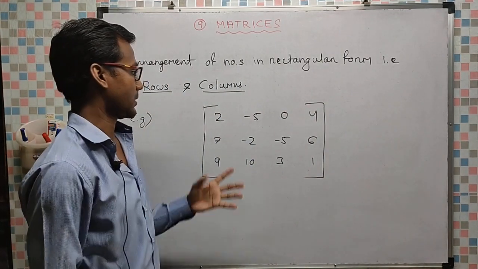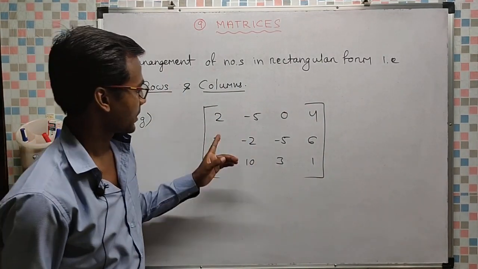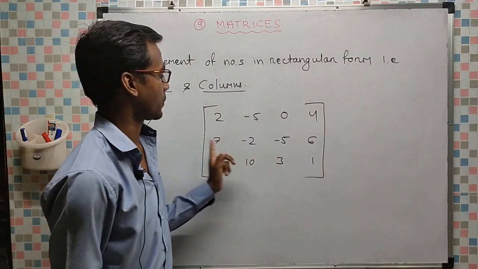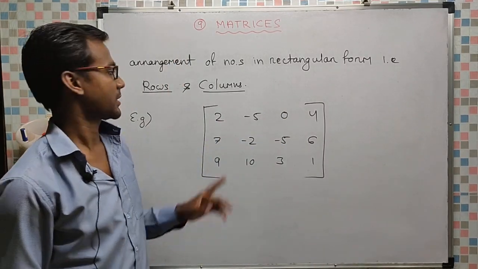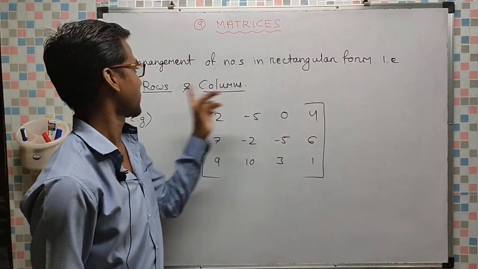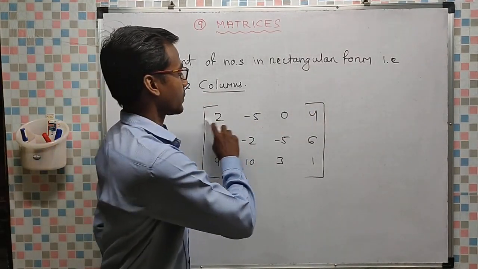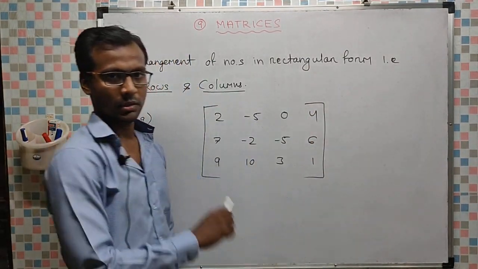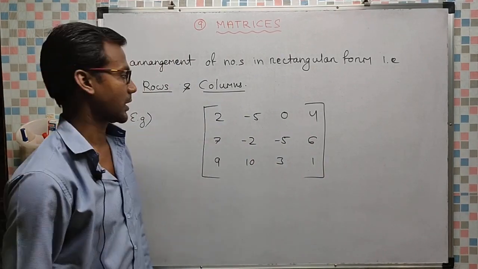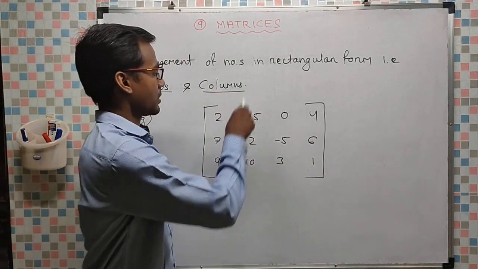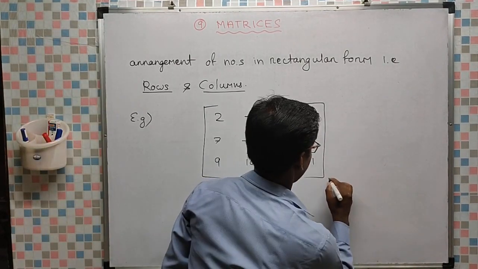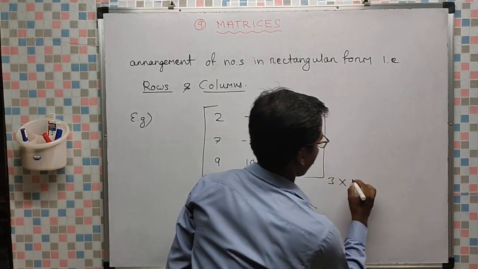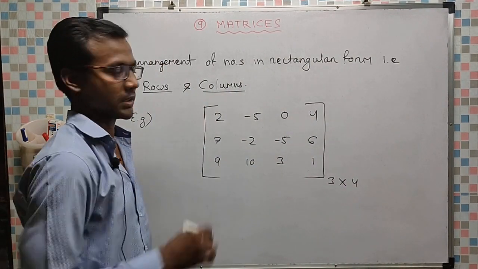As you can see, I have arranged these 12 numbers in rectangular form, that means in rows and columns. We have 3 rows, 1, 2, 3. The horizontal lines are called rows, and 4 columns, 1, 2, 3, and 4. So we have 3 rows and 4 columns in this matrix.